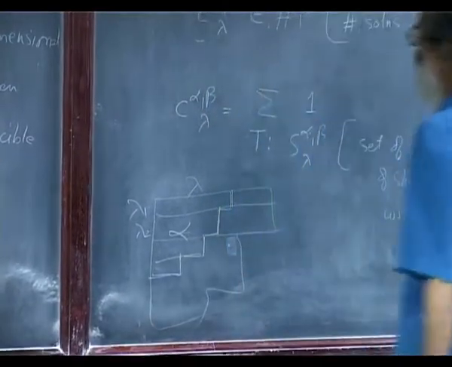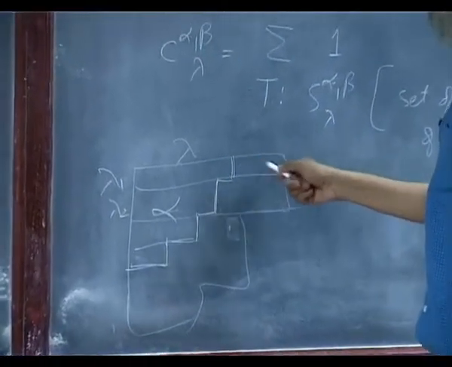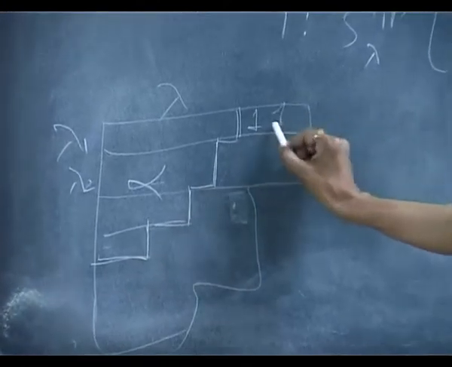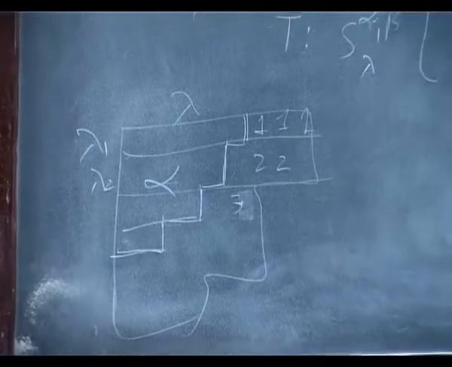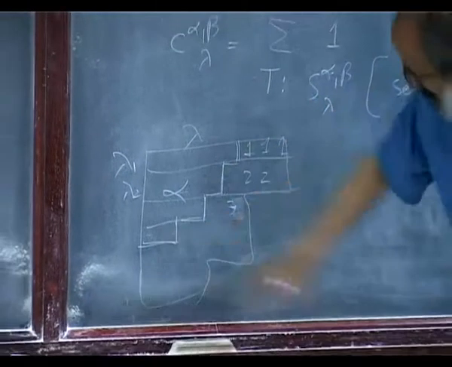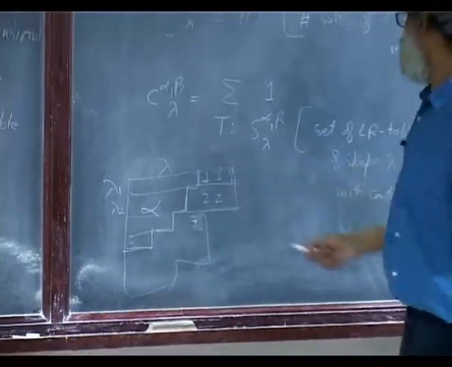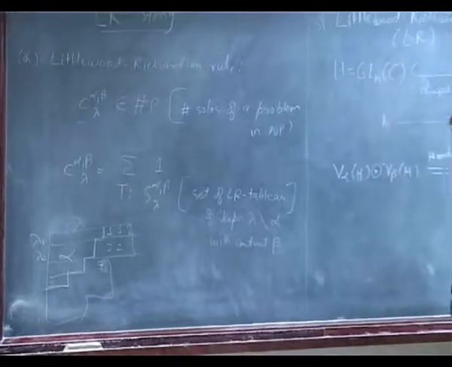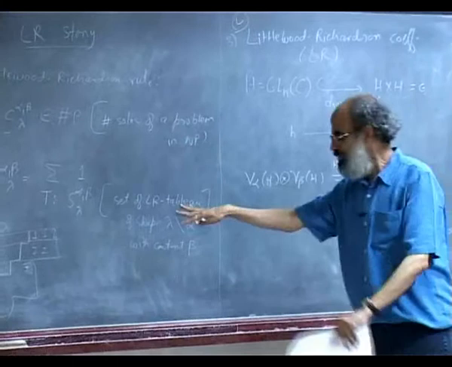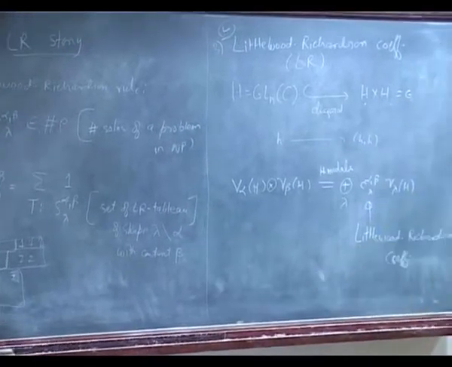By LR tableau we mean you put numbers like 1, 2, 3, etc. in the remaining shape, taken from the range 1 to n, and those sequences have to satisfy certain linear inequalities.